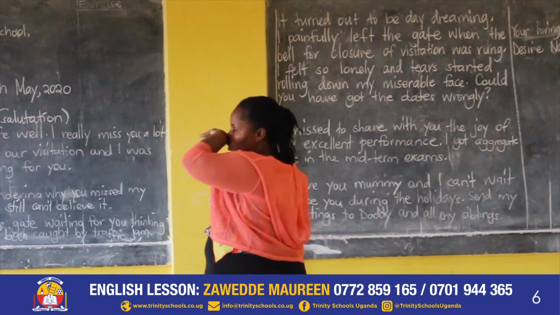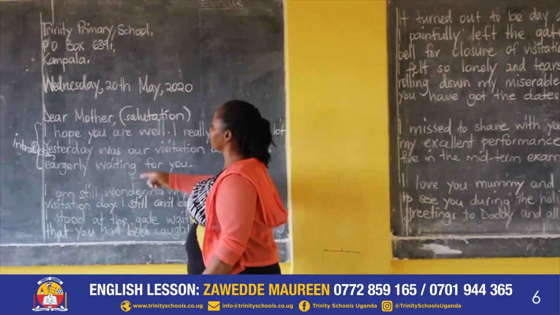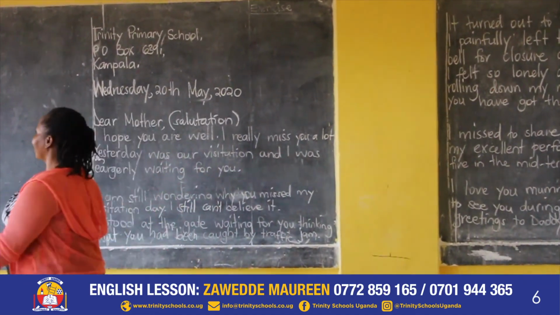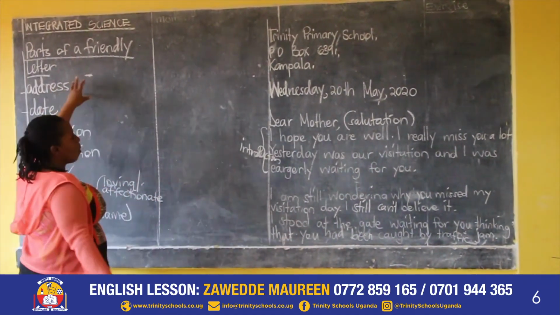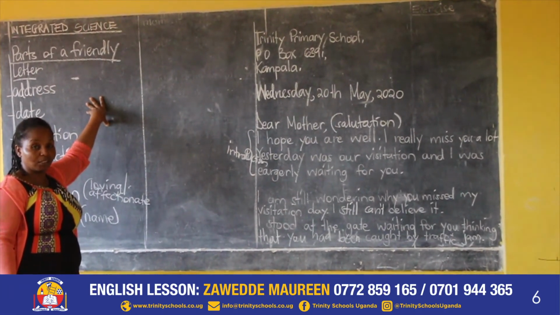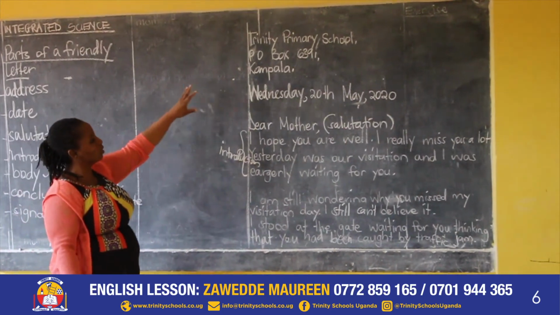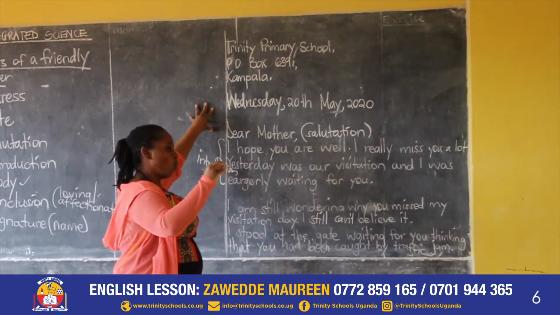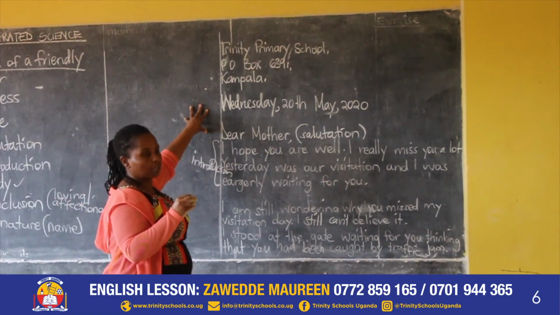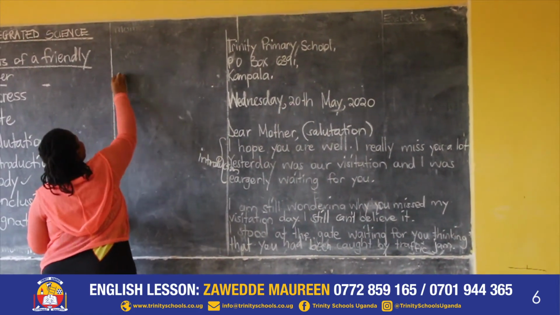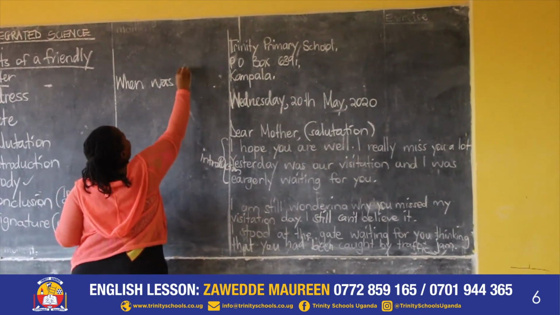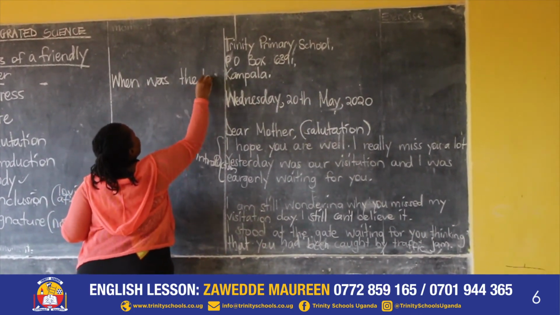Another question that is usually asked: when was the letter written? Now they're asking about the date. They have not asked, when did she write the letter? When was the letter written? It is in passive voice.